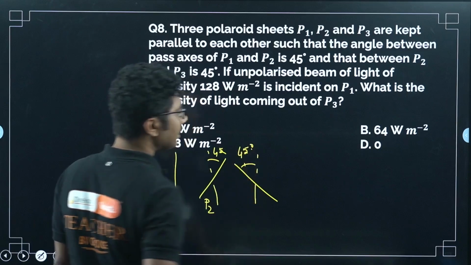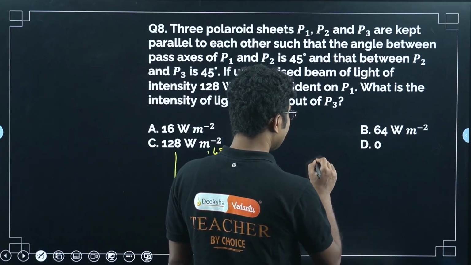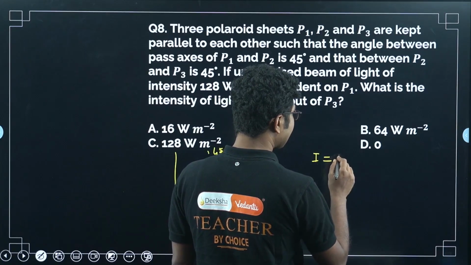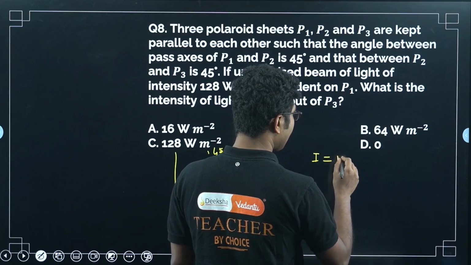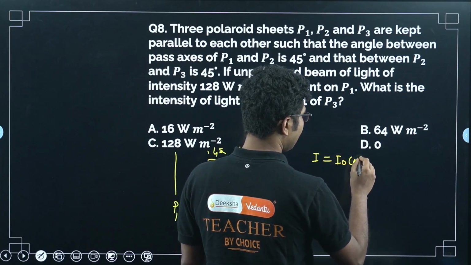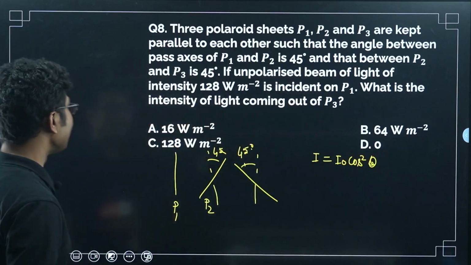This angle with this is 45 degrees. Which law will we use here? We will use Malus law, which says that the intensity of the light passing through a Polaroid is given by I naught cos square theta. This is the simple formula.